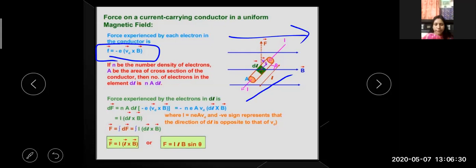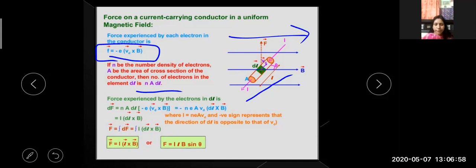We have discussed this force in the previous video. If n is the number density of electrons, A is the area of cross section as I told you, the total number of electrons in element dl is given by n A dl.